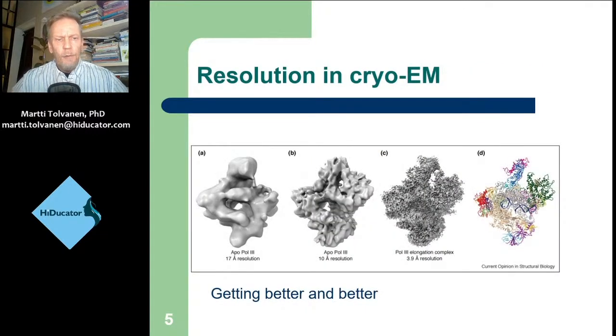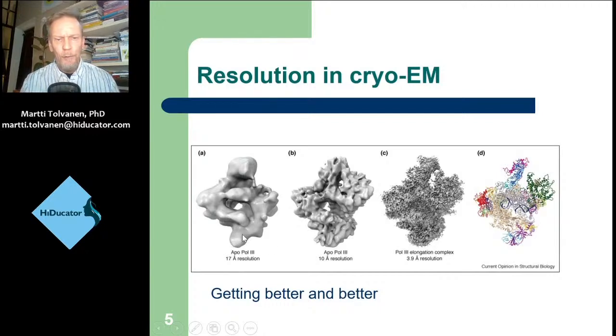Now in cryo-EM, the resolution can be pretty easily visualized from the models that people have generated of the same protein complexes over the years. Way back decades ago, you could only get a resolution of 17 angstroms, which means that you can't really figure out anything of atoms, not even secondary structures.